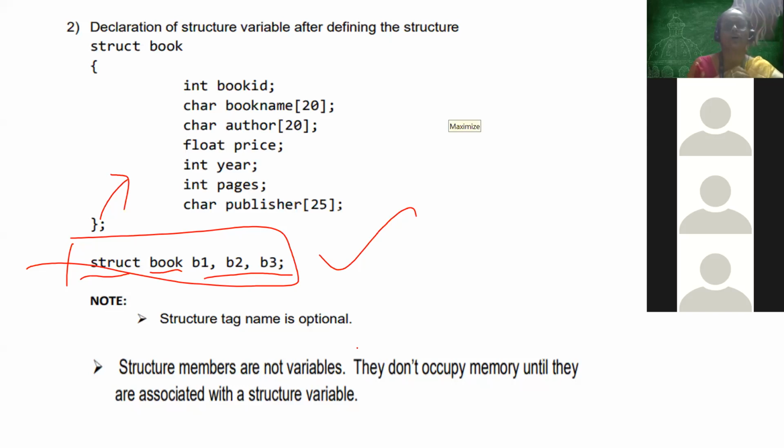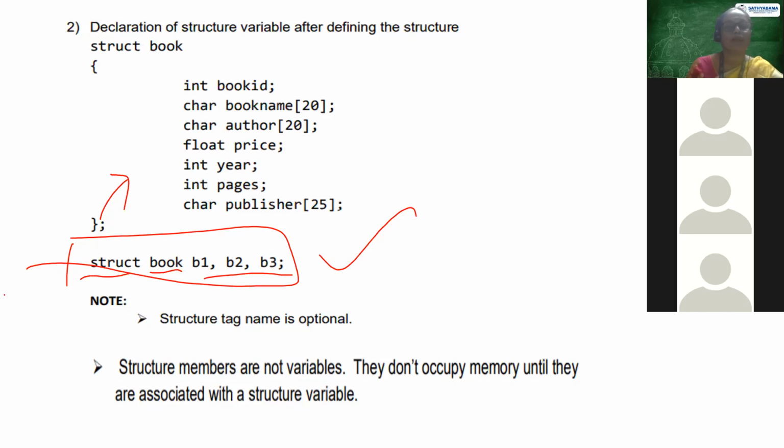Okay, struct book B1 comma B2 comma B3. Yes. Okay. Have you all written? Yes, Yalini said yes. Okay. So the struct tag name is optional. Structure members are not variables.